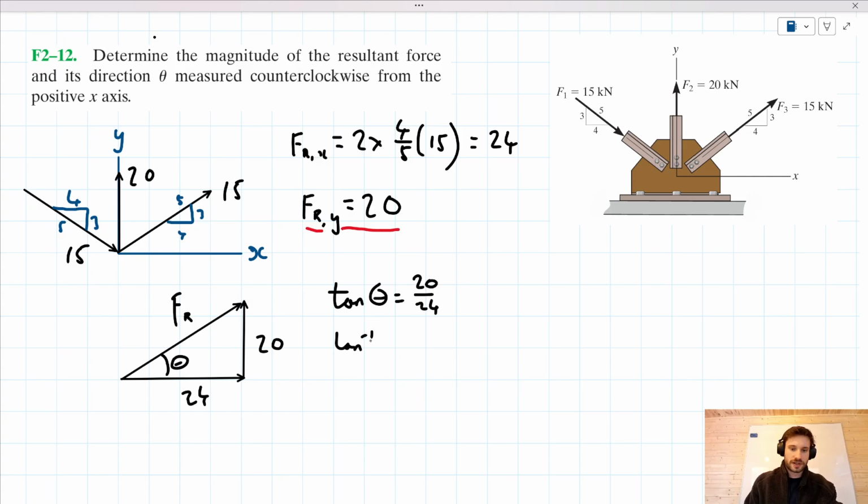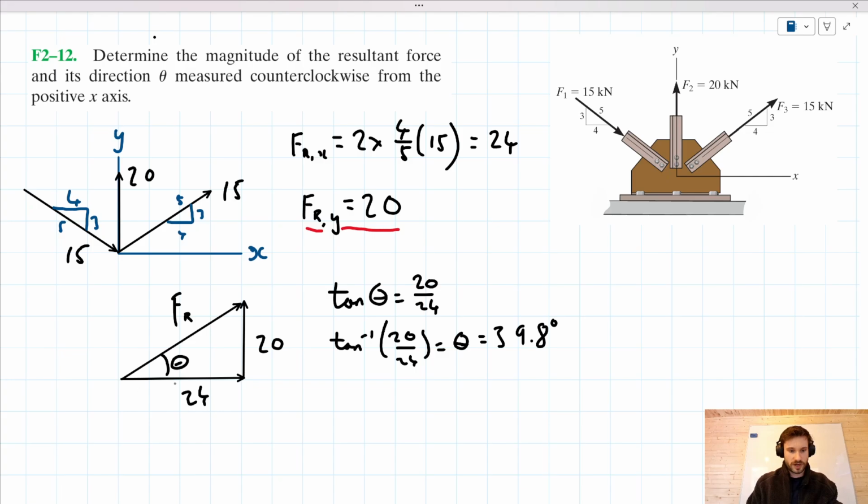We can take the inverse tan of both sides. So theta is equal to the inverse tan of 20 over 24, and when we put that in our calculator, we find it's 39.8 degrees. Okay. Let's move on then and solve for F_R.